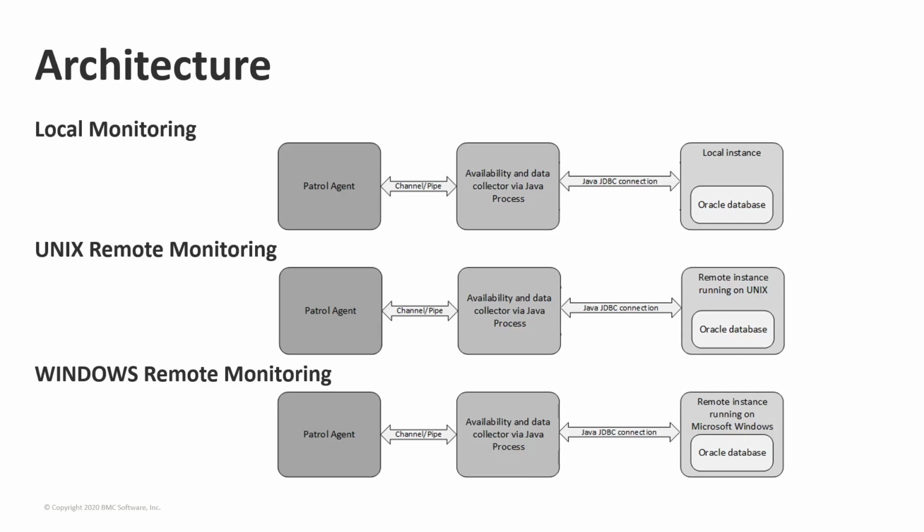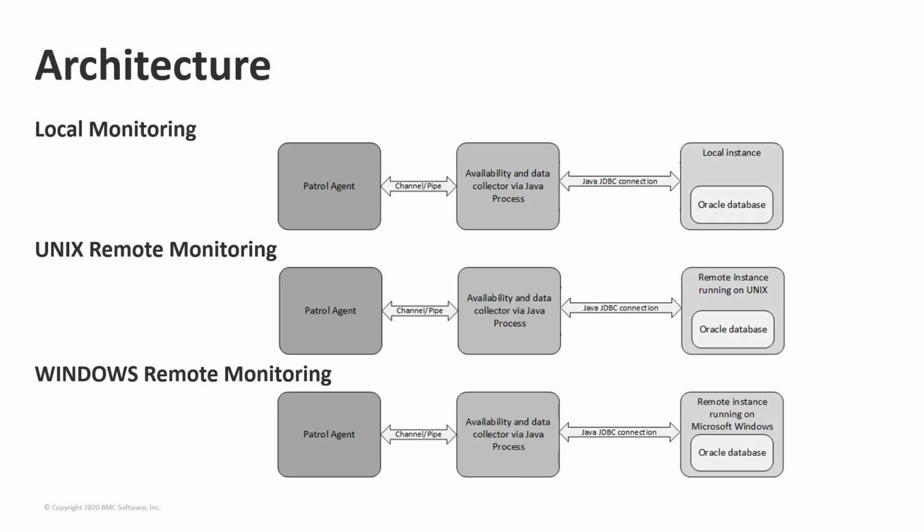This Java process runs local queries from an Oracle database to produce a list of instances and databases. For remote monitoring, the Java process identifies where the remote server is running. Based on the operating system, the Java process creates a remote client connection.